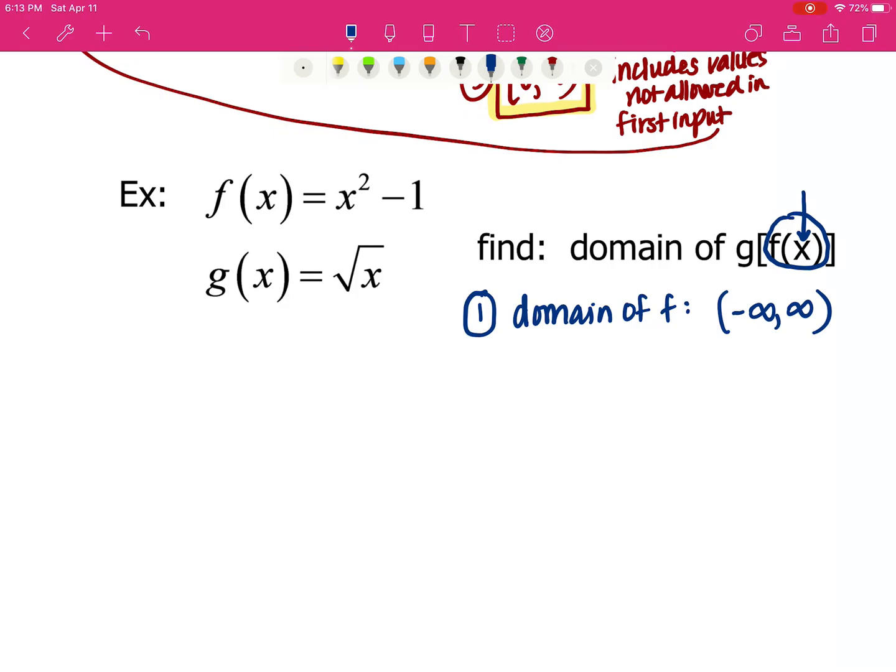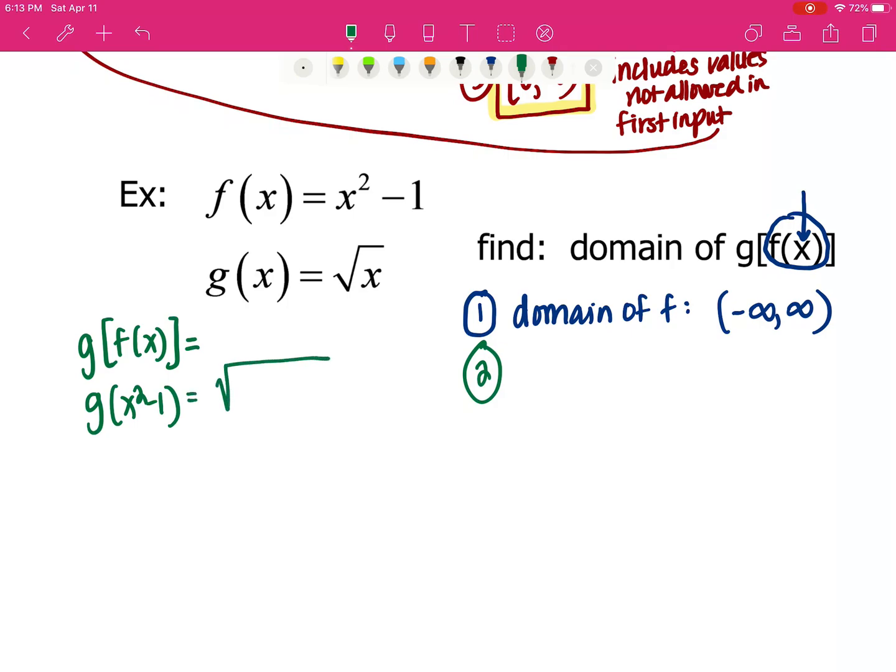So if I put a 0 in, 0 minus 1 is going to give me a negative value. And that's going to cause a problem with our composite function. So I'm going to come over here and figure out what that composite function is. Well, that's going to be g of x squared minus 1. And that's the square root of x squared minus 1.